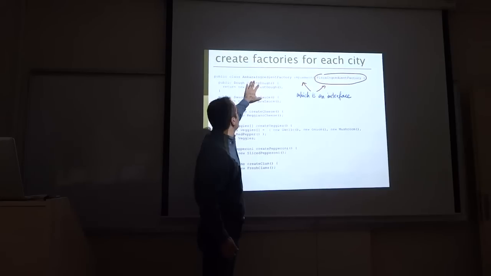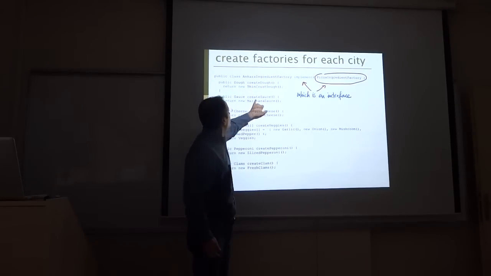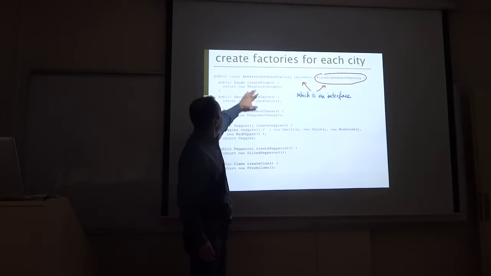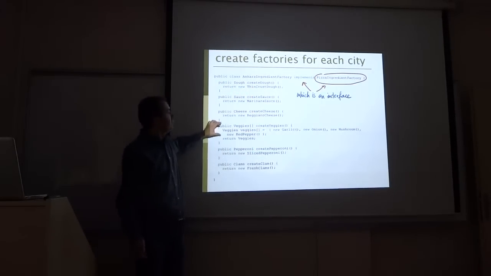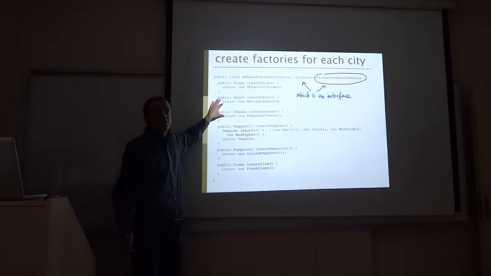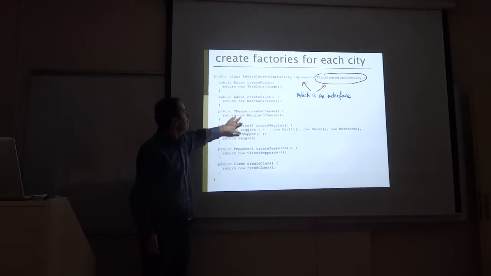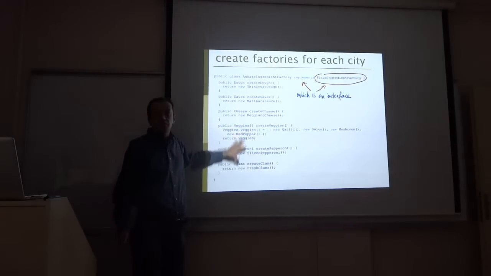And this one is implementing create dough, create sauce, create cheese, all of them individually. So all of them are responsible for creation of one object. This one is creating a dough, this one is sauce, and this one is cheese, and this one is creating the toppings in here.